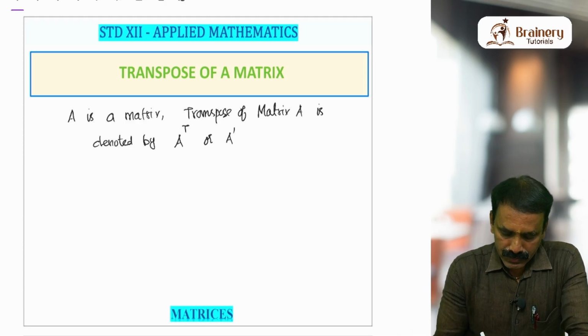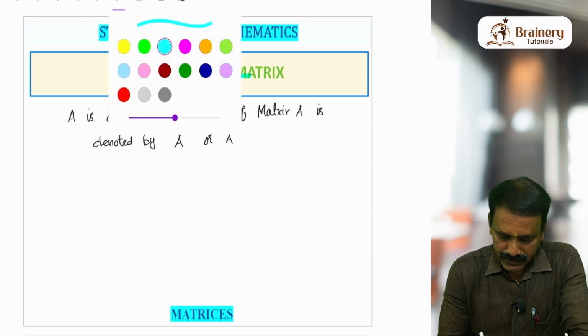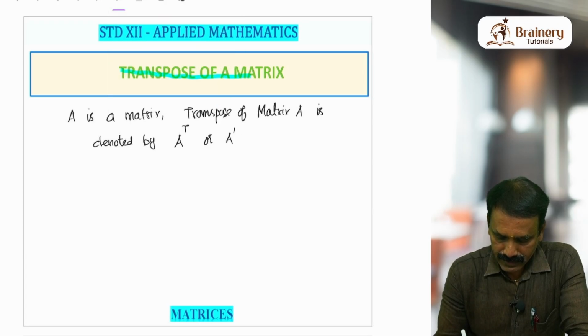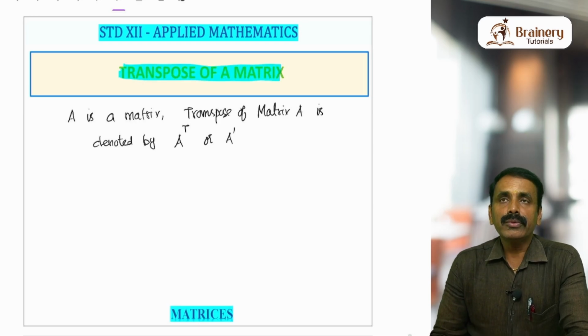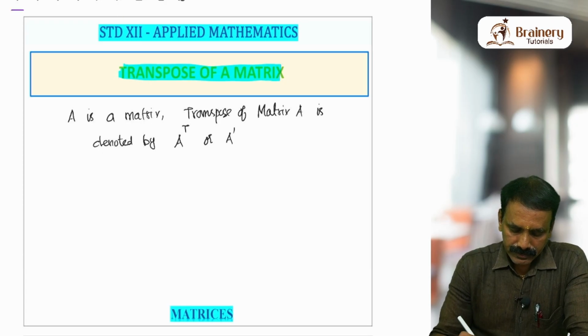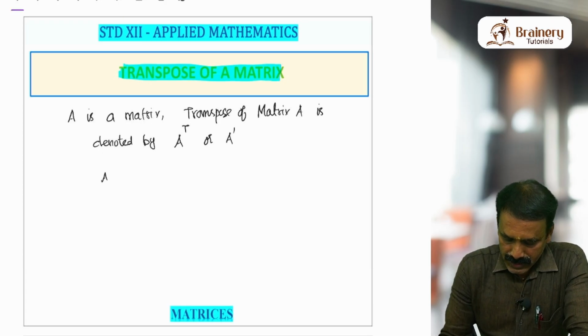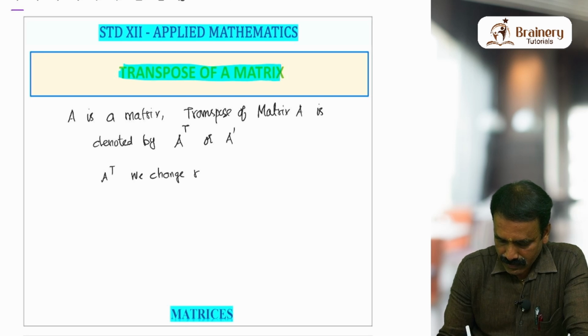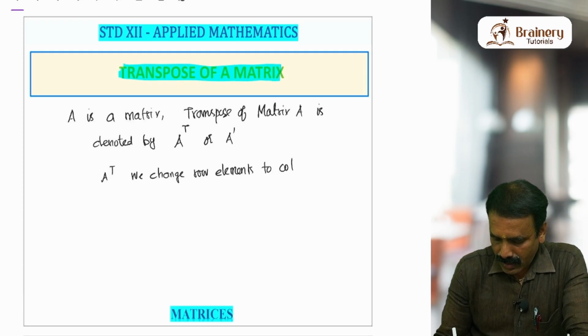What we are going to do in the transpose of a matrix? That is, in A transpose, we change row elements to column elements.